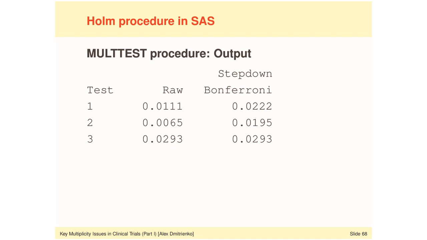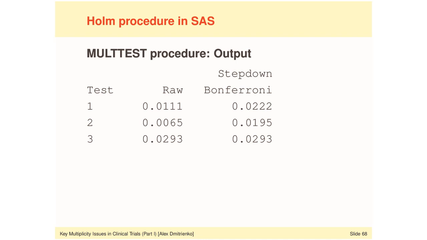To interpret those multiplicity adjusted p-values, as we discussed earlier in this module, the decision rules for the individual hypotheses in this trial are easily derived based on those adjusted p-values. The decision rules are actually very straightforward. All we need to do now is to select an alpha level and compare each adjusted p-value to this level.